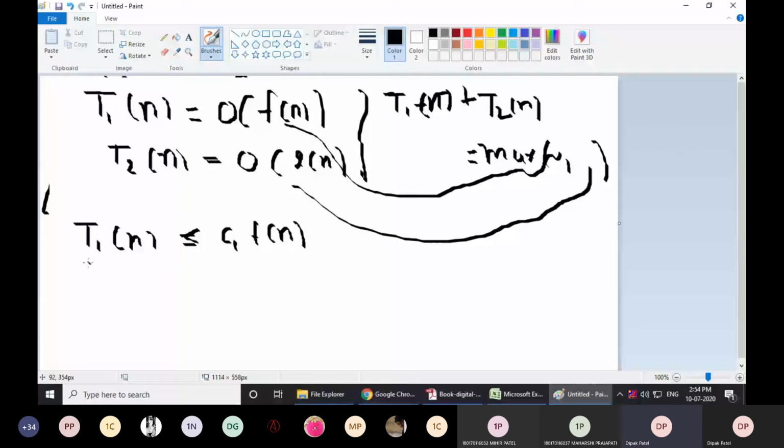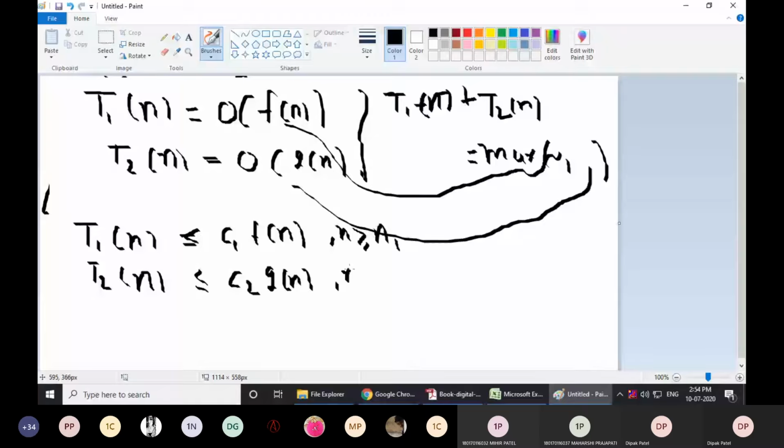And we have been given T2(n) is big O of g(n), so this is also true: less than or equal to C2 of g(n). And we know that this is true for all n greater than or equal to n1, and this is for all n greater than or equal to n2.